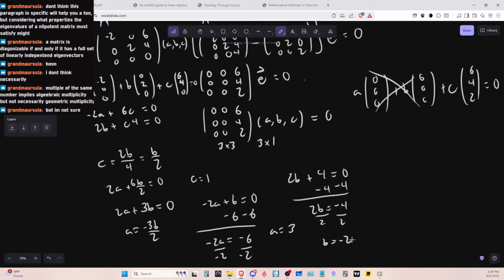So for 4 we can have a basis vector of 2 and then 1. Now for this one, A and B could be any value, so we could probably give them 1. Practically we have zeros here.